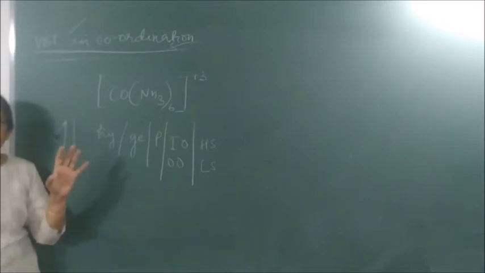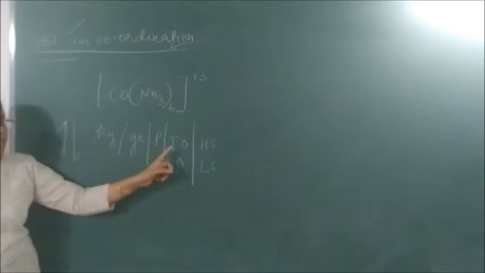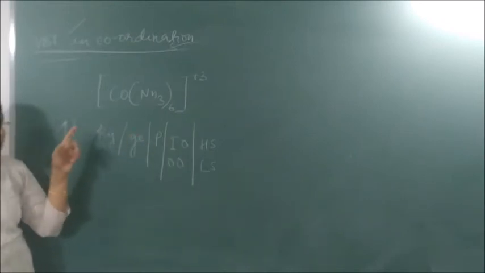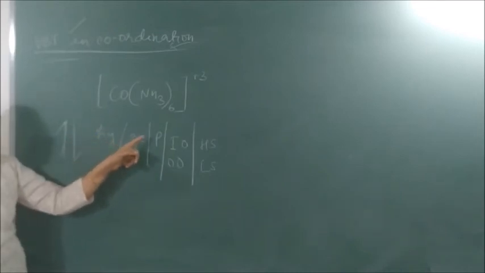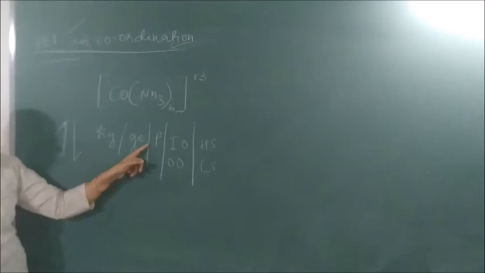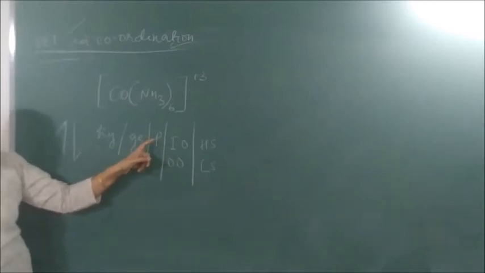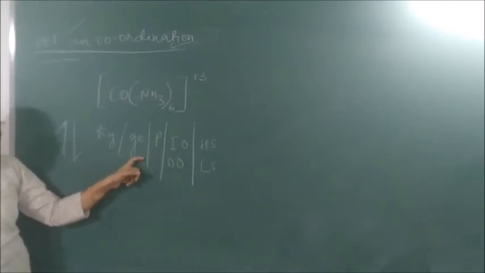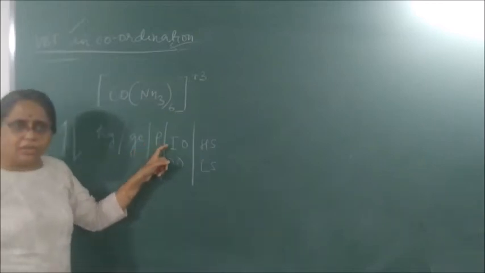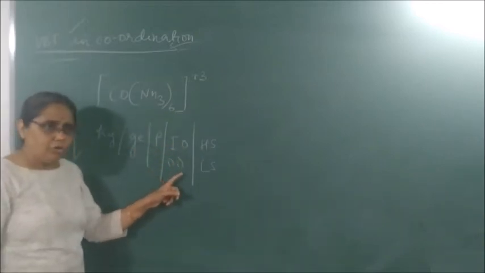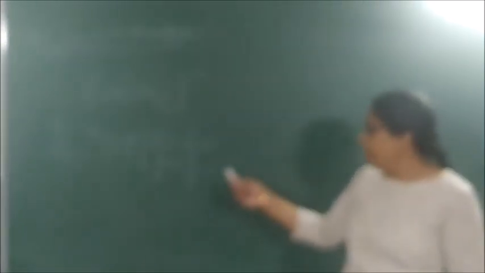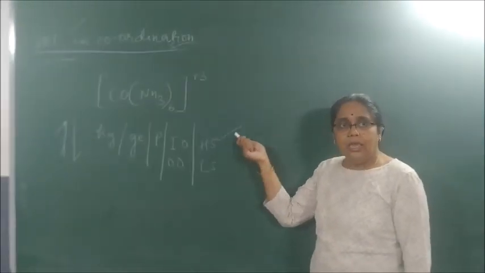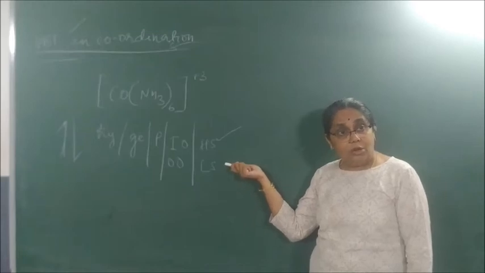Okay? So whenever a complex compound is given, these are the things you should write. First, hybridization. Second, geometry. Third, magnetic properties, whether it is paramagnetic or diamagnetic, whether it is inner orbital or outer orbital complex, high spin or low spin. If it is paramagnetic, it is high spin. If it is diamagnetic, it is low spin.